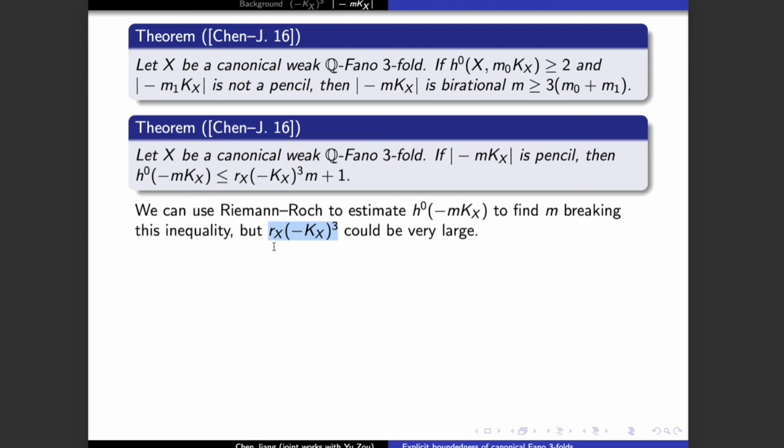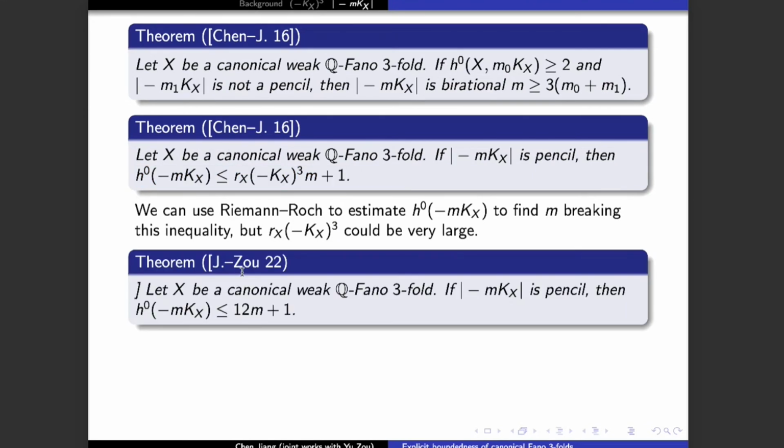For example, when this number is 200 or something, then the number m will get very large. Then our goal is to develop a new geometric inequality to replace this one, a better one.